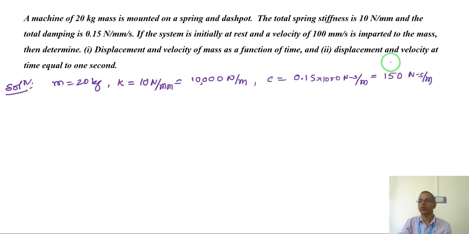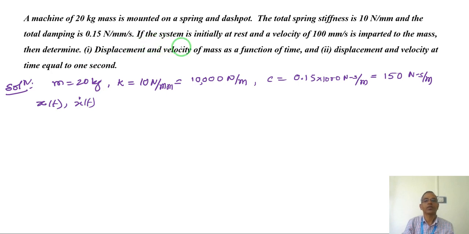Now once I know this data, it is asking to find out the displacement and velocity of the mass as a function of time. That means it is asking to find out x of t and the velocity x dot of t.